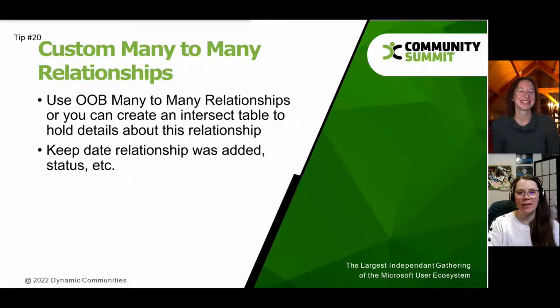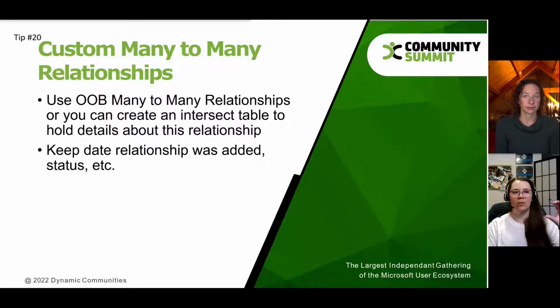Also, if you're doing many-to-many relationships, you can use that out-of-the-box many-to-many relationship type. You can set that up. But generally, what we recommend is creating another table in the middle, which we would call a custom intersect table. So maybe my accounts have a one-to-many relationship with the status table, which has a one-to-many relationship with some other custom table.